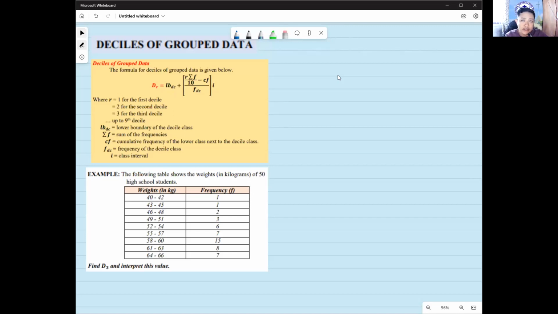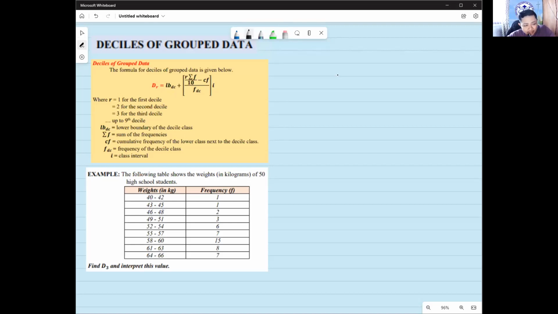But if you are doing manually, arranging or sorting the data will be a lot difficult, kasi you might forget or skip a number which should be in a specific position. Okay? So the best way for us to organize numbers with bigger data is by using the grouped data. Okay? And this is just easy, don't worry.